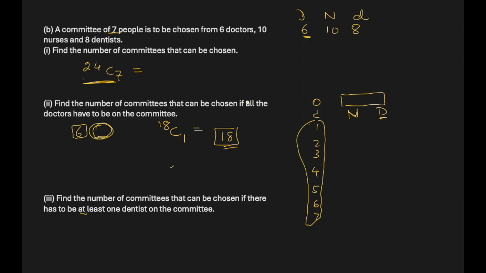That's what we'll find out and subtract from 24C7. So 24C7 minus, if dentists are removed, there are 16 of them. So we need 16C7, all of them either doctors or nurses. This is the number of combinations. We'll subtract and we'll get the case they're asking for, that at least 1 dentist should be on the committee.